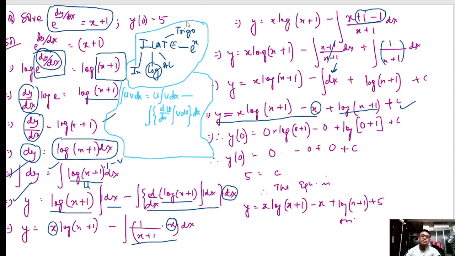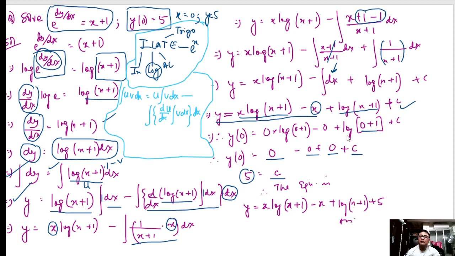Now watch here one thing, they have shown that y0 is 5. That means if you put the value of x as 0, y should come 5. So let us see, you put the value of x as 0, so this becomes 0, this is 0, this is 0 plus 1, which is log 1, log 1 is 0 plus c, and y is 5, so c is coming 5.